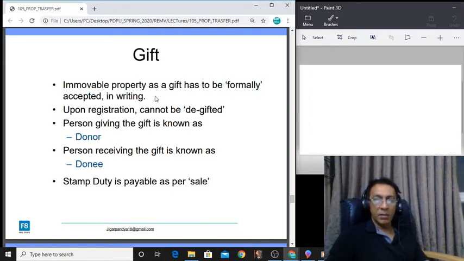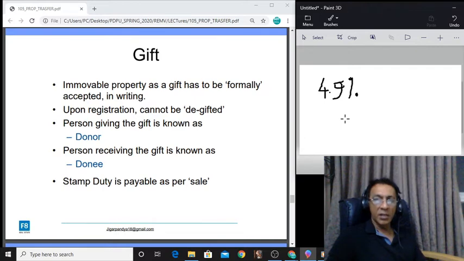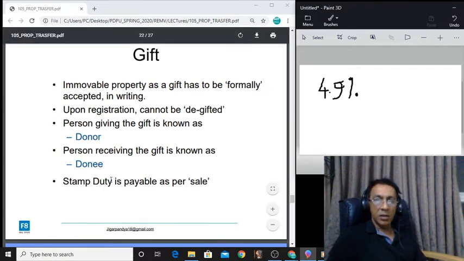Secondly, you have to pay stamp duty as per the sale. So, in case of Gujarat, the stamp duty for sale and all other kinds of transfer is 4.9%. So that is usually paid by the donor.